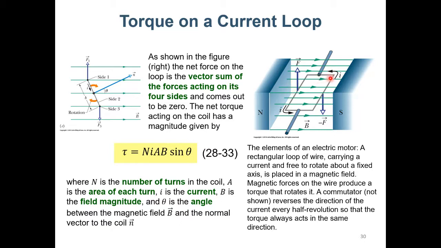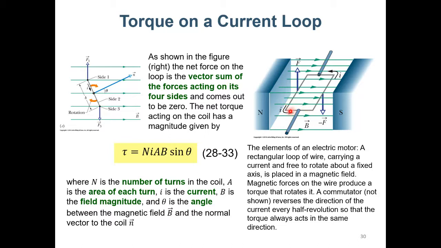So here we have a current loop. Of course there will be some B field pointing to the right. This is the north magnetic pole and the south magnetic pole, so that there is a B field pointing to the right. In this case, there are some forces acting on this loop.